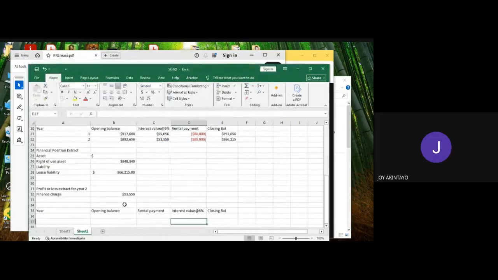Your amortization table will be like this. So year one, you still have your opening, and you are paying before then, so your interest rate will now be applied on the difference between this and this.